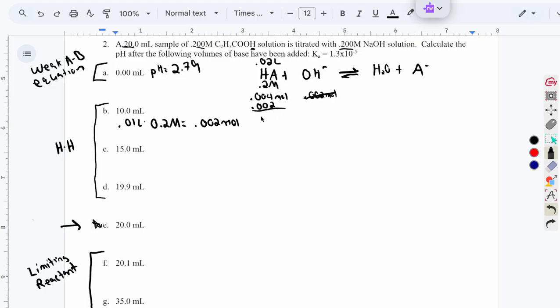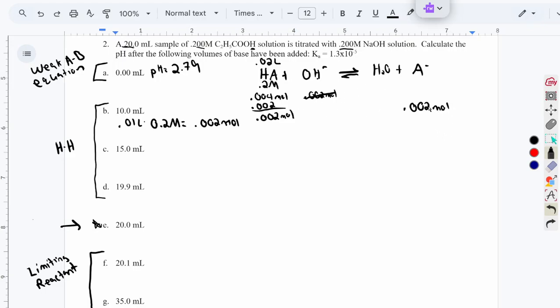So we can subtract that out, and what is left will be 0.002 moles. The extra little step we have to do, though, is how much A minus is going to be created. Well, again, a 1-to-1 ratio, that's just stoichiometry. So it's going to be 0.002 moles of A minus.